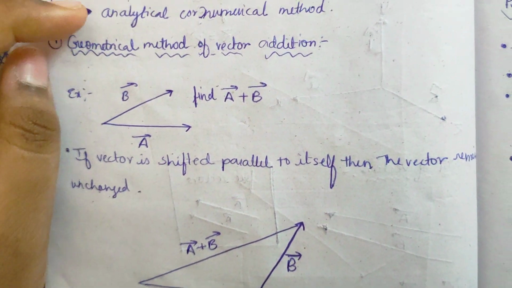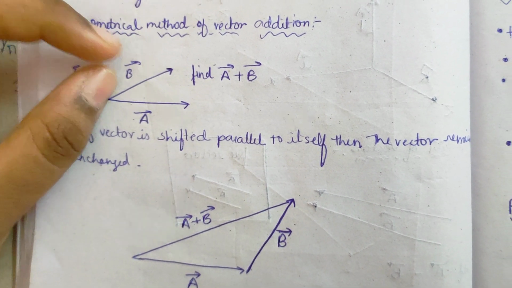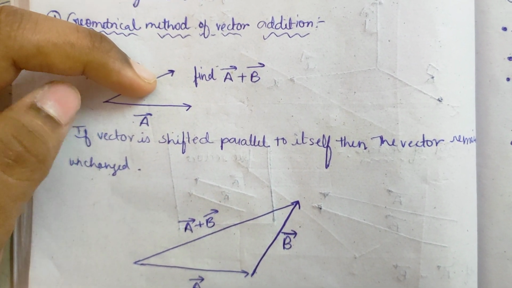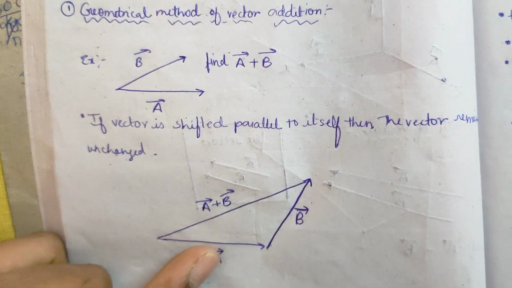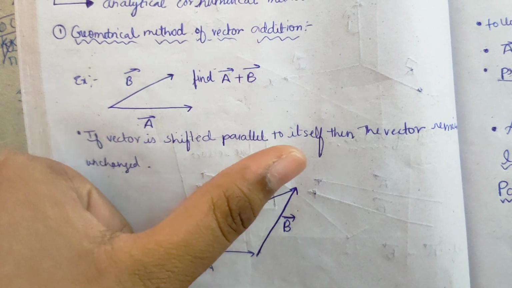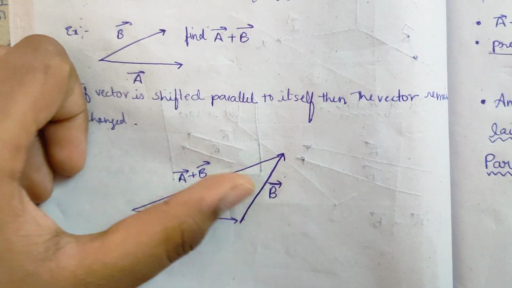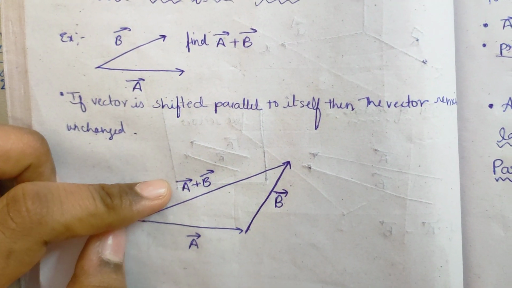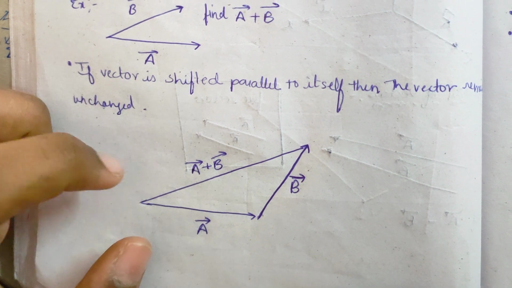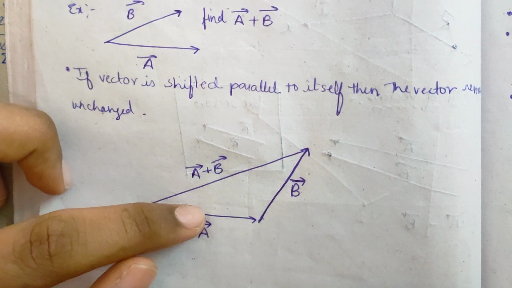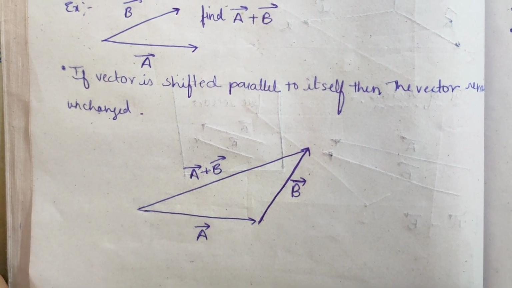For example, let us take this b vector and shift it parallel to itself, then we'll get it like this. Vector a is as is and b is shifted parallel to itself. If we join these two, now we'll get a triangle. Using the Pythagoras theorem we can find the addition of both, a plus b.